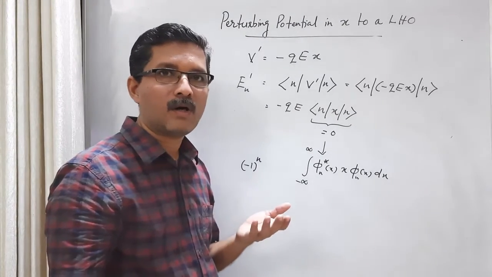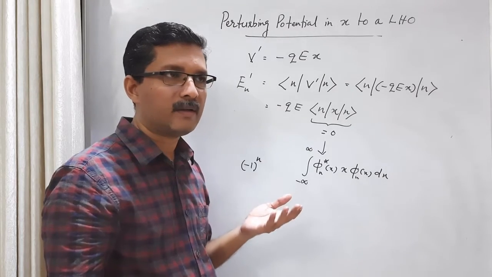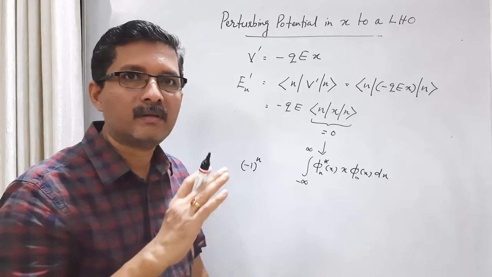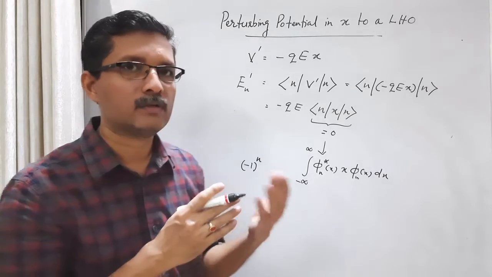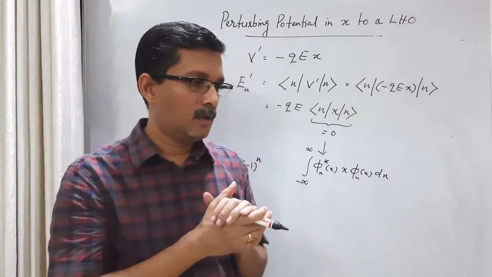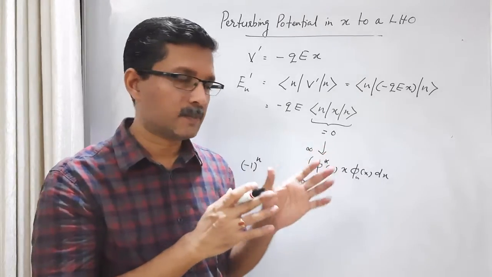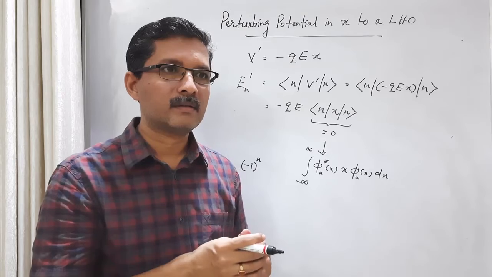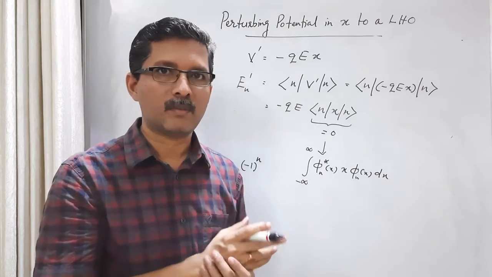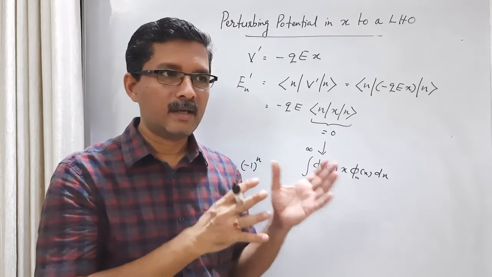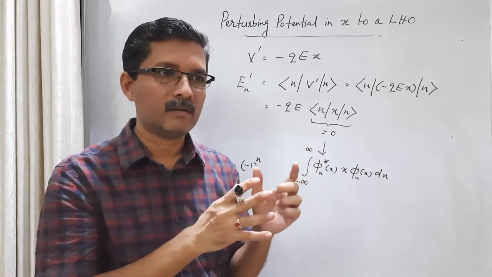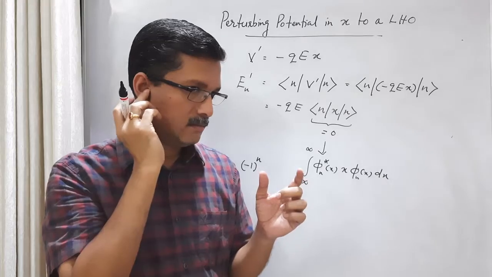N equal to 1 has odd parity, because these states are proportional to Hermite polynomials, and the nth state is an nth order Hermite polynomial.